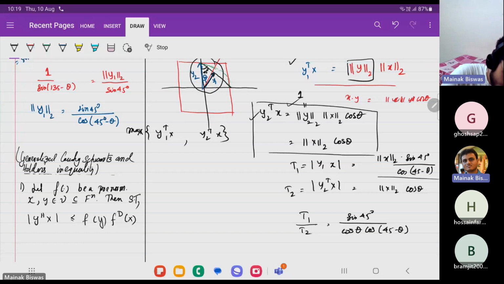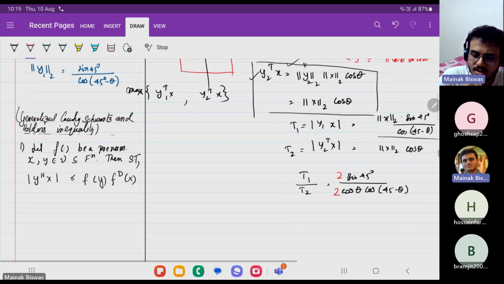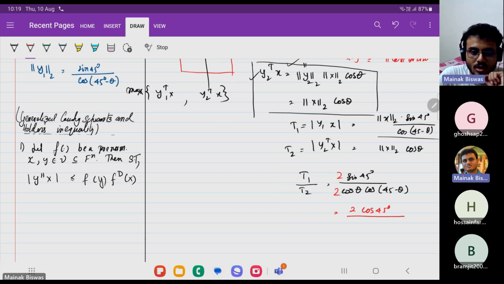Good. So now how can I expand this? I'll put 2 on both sides on the top. So what is 2 cos A cos B? The numerator will be cos 45 also. Cos 45 is also equal to sine 45. We all know that.